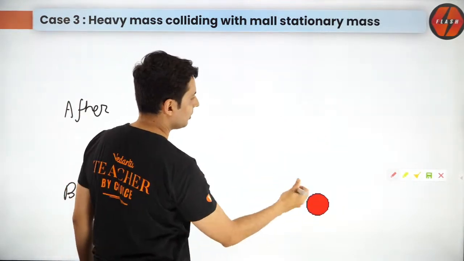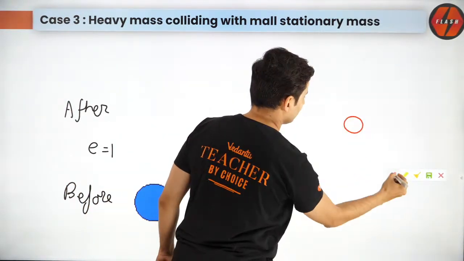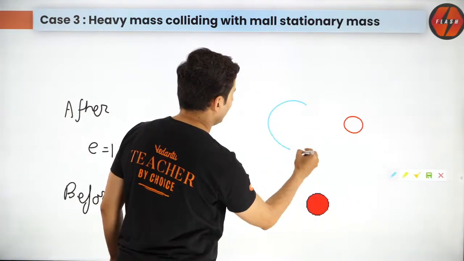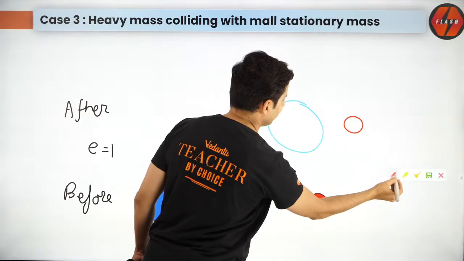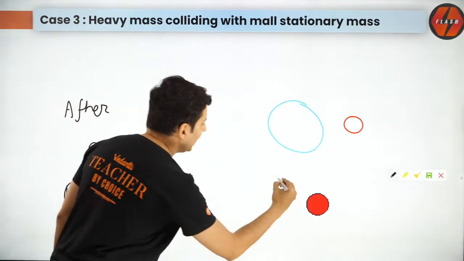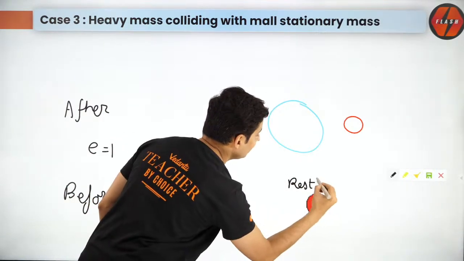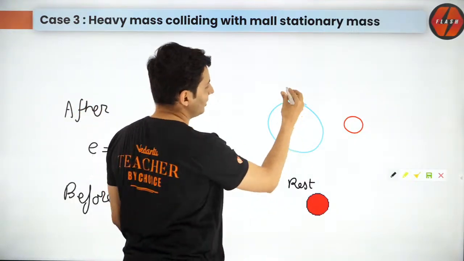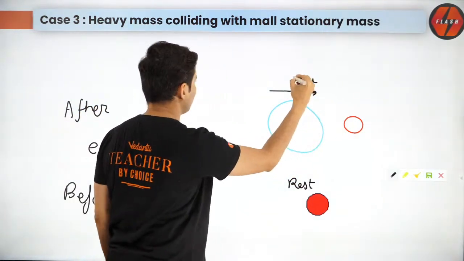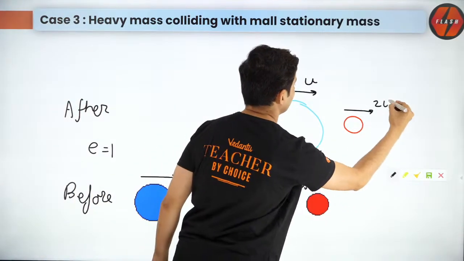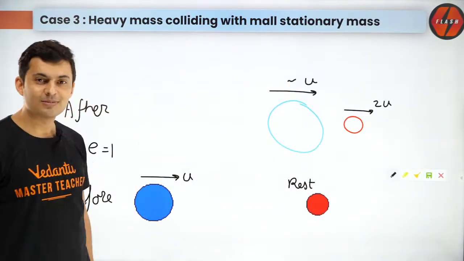Now imagine your Motu friend is coming with speed u, and you are standing over there at rest. Then after the collision, the Motu friend is still going to go with the same speed. His speed will not change, but your speed will be 2u. Twice the speed. Remember that.